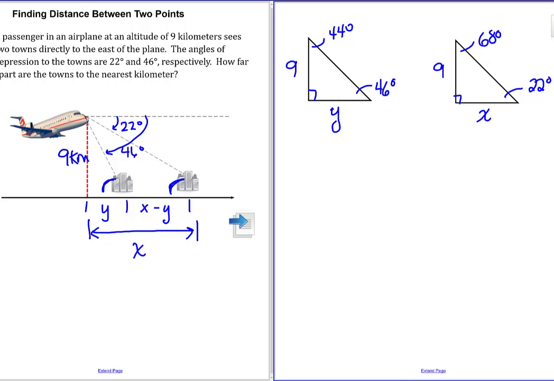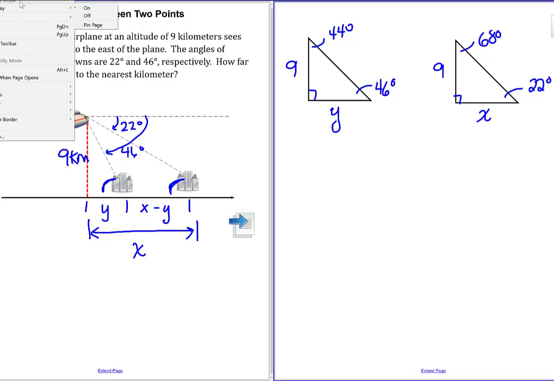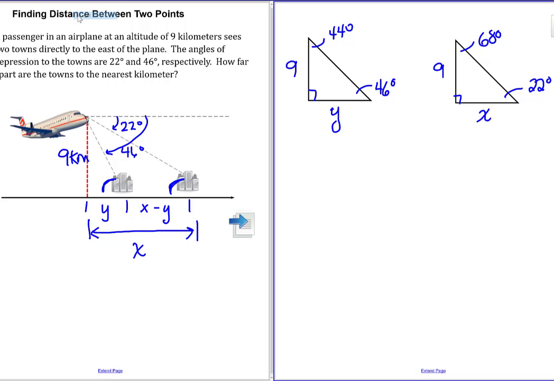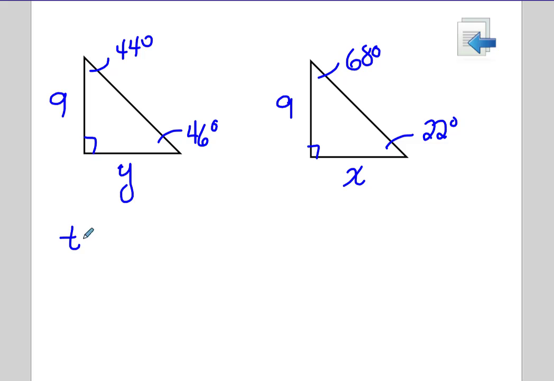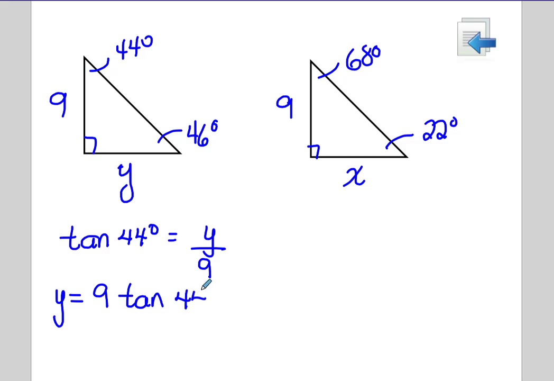Let me get out of this dual screen view here and just get to one page now. So using that top angle, the tangent of 44 degrees is Y divided by 9. I'm sorry, I said it put my variable in the top and I was writing it in the bottom. So on my calculator, 9 times tangent of 44 degrees.